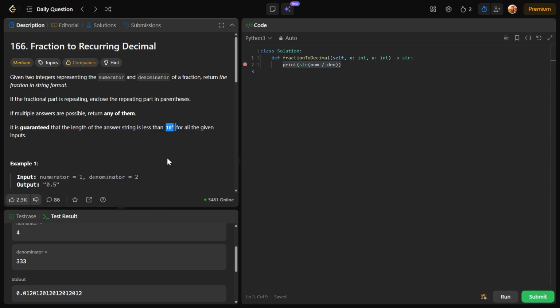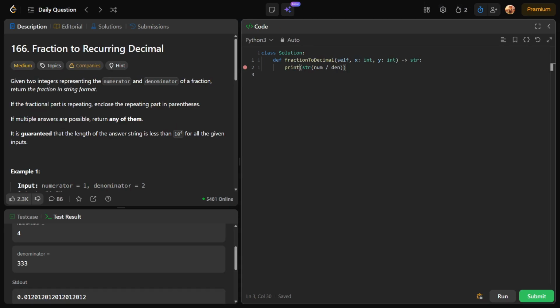Right. Yesterday's problem was a stack question. I'm not sure if this is, how do we even solve this?